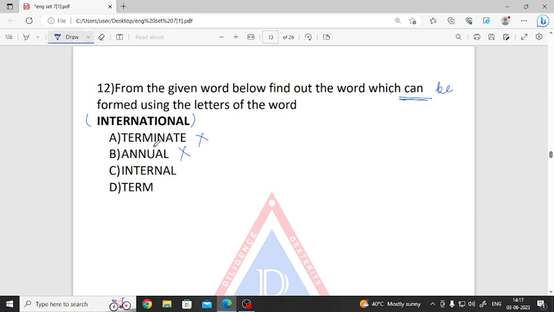Then what is internal? I N T E R N A L. Internal can be formed. So we require can. Internal can be formed. And what is the last one? Term. We have T E R, but we do not have M. So term also cannot be formed. So internal can be formed from the given word, what? International.